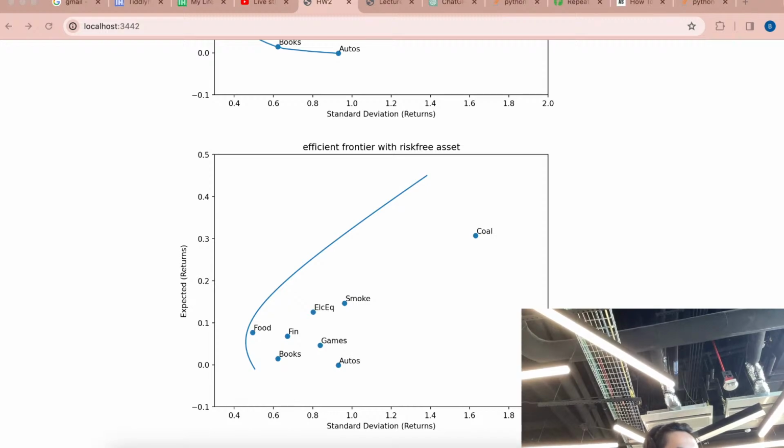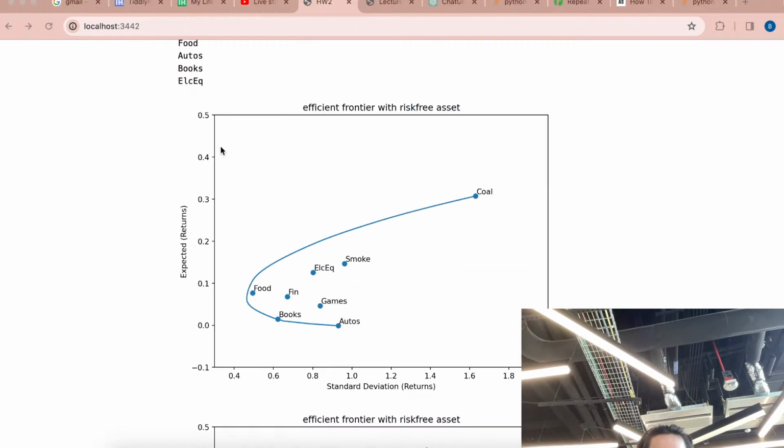Okay. So we have a return offset of, let's say, probably do 0.5. Yeah, 0.1, 0.5.